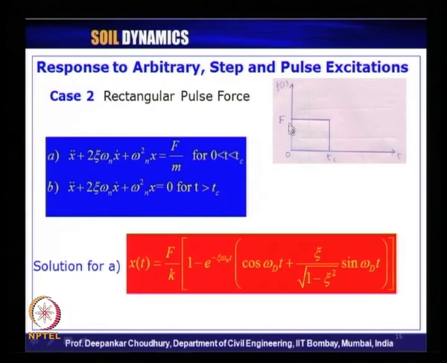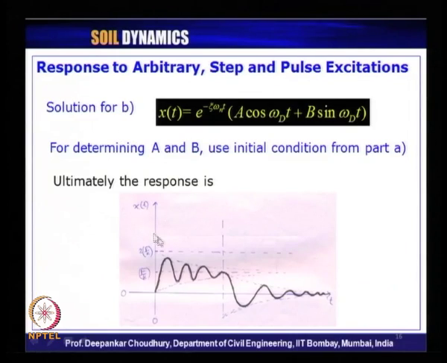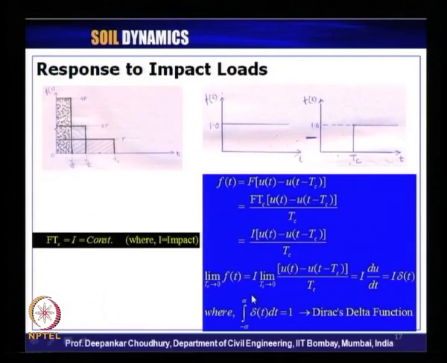For rectangular pulse force like this, we got two cases, one for a finite time when the force was acting, and beyond that time it is a free vibration. The complete solution for both part A and part B gives the response like this. Initially it was oscillating when the load was acting till time t c about the static displacement. Beyond that it is oscillating about the base 0 line for the response.